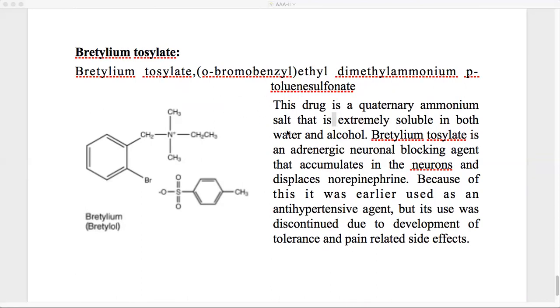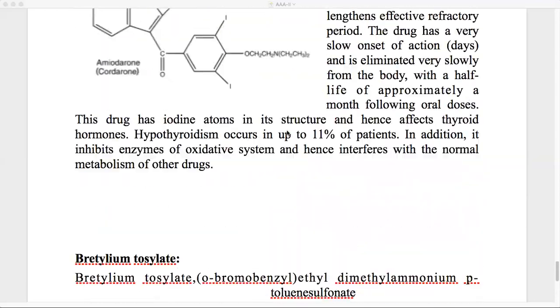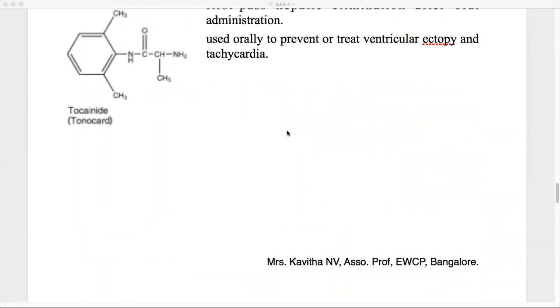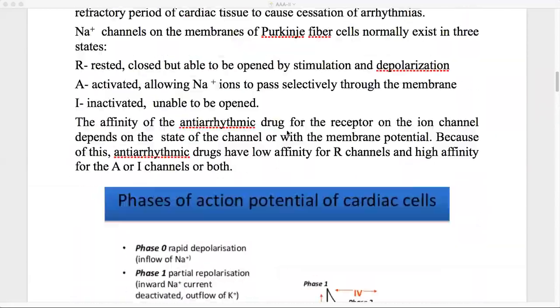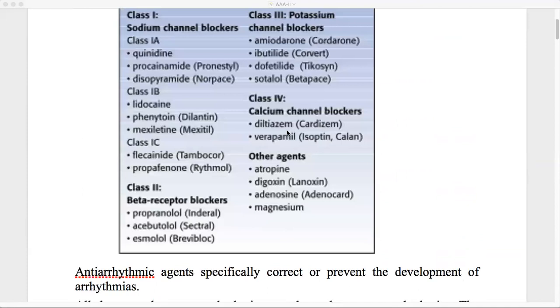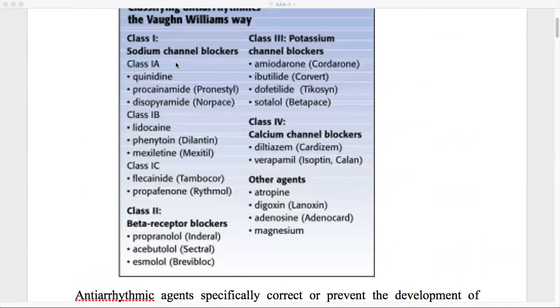So this is about the potassium channel blockers. The next class of these anti-arrhythmic agents is calcium channel blockers. Sodium channel blockers we discussed. Beta adrenergic blockers come under antihypertensive agents, which we have already discussed in detail.